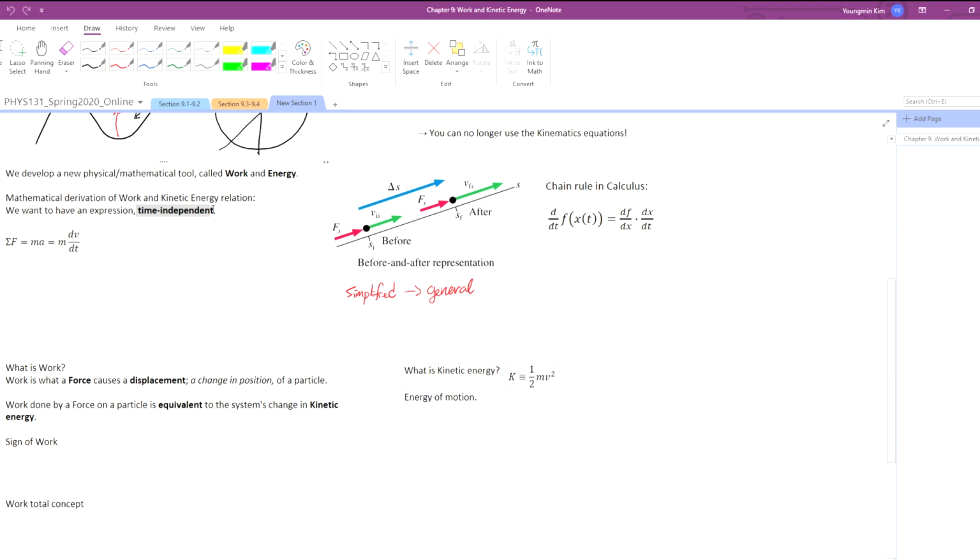We want to get rid of the factor of time, and why will become more apparent later on. So just follow with me. Remember, the purpose of this derivation is to get rid of time. We want to describe the expression of the motion in a time-independent way.